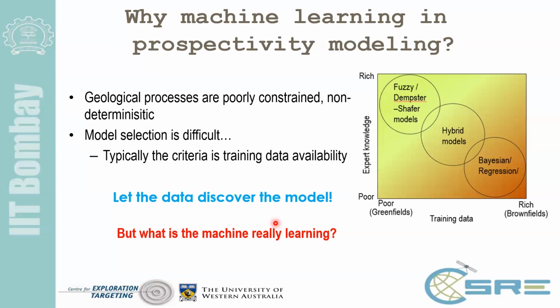But what I see is all geochemists and petrologists. So the key question here is, what is the machine really learning when I'm applying machine learning algorithms over GIS data sets and trying to predict deposits?